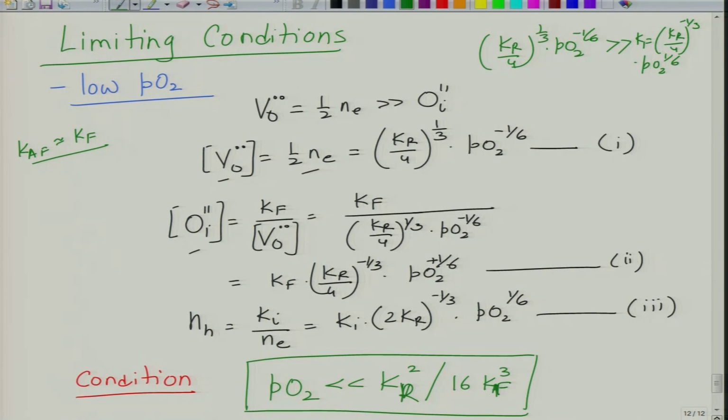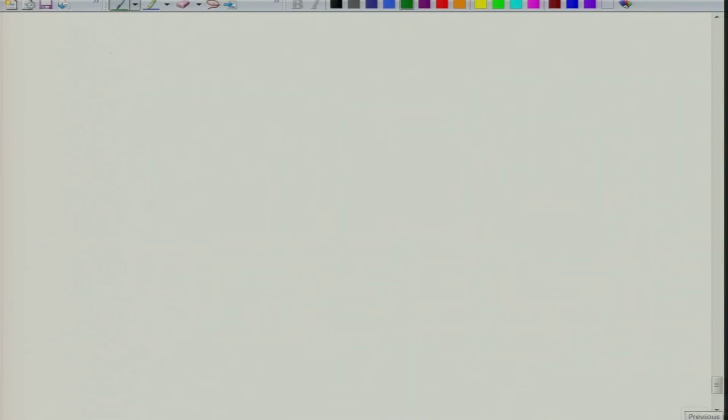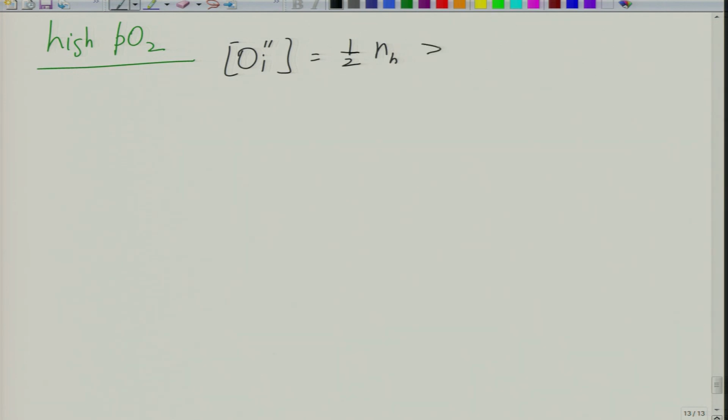Now, let us see what is the limiting condition for high pressure condition. For the high pressure condition, the situation was OI was equal to half of NH, which should be greater than VO. So for high PO2 we can write OI, this was equal to half of NH, and this must be greater than VO.